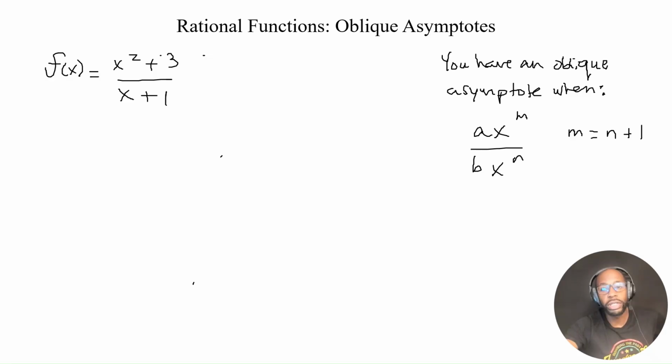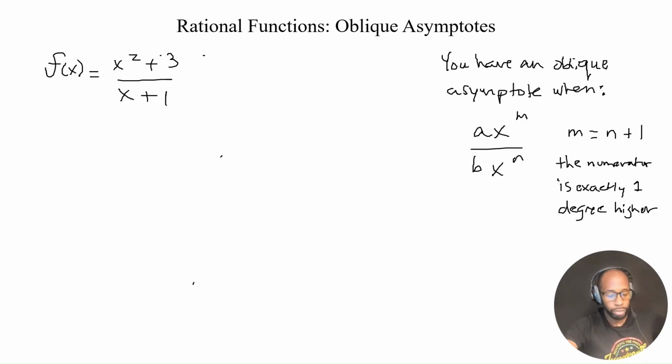Or in other words, the numerator is exactly 1 degree higher. So if m was 2, then n would be 1.